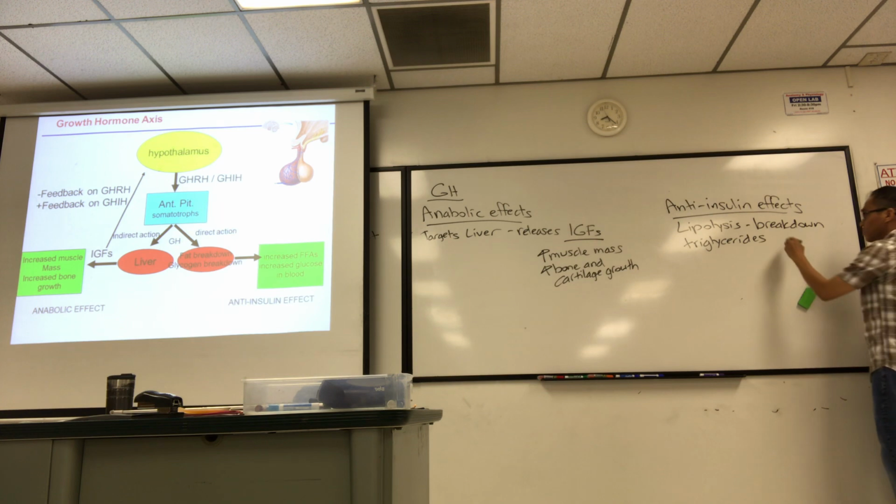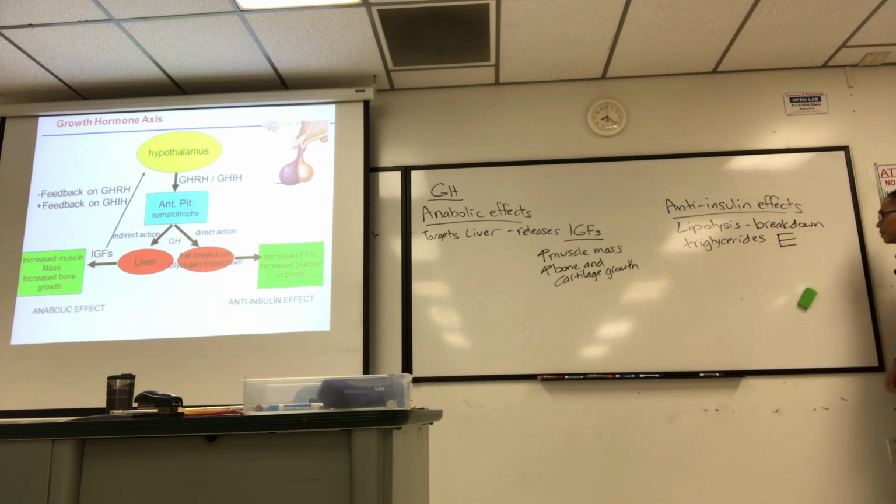Triglycerides are the storage form of fat. I think of a triglyceride as a letter E. Each of the three legs of the E is a fatty acid. And so lipolysis is the process of just breaking those off so that the free fatty acids are free to circulate and muscles can use that for energy.